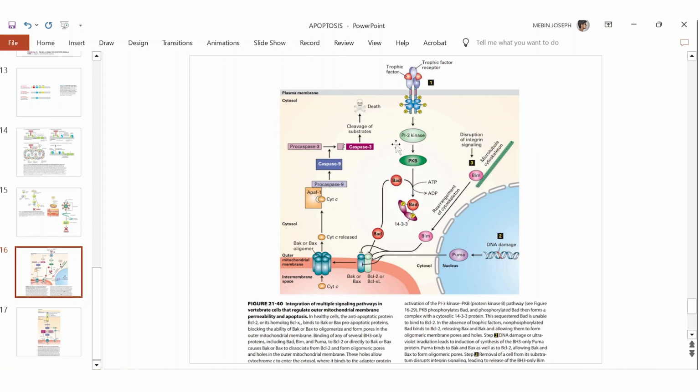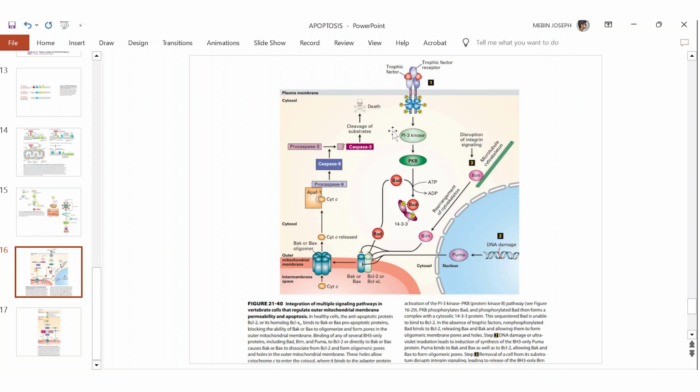Now, intrinsic pathway, I already mentioned. In this pathway, the death stimuli or apoptosis stimuli is generated within the cell. That means the death signal will be produced inside the cell only, and after that signal is initiated, the mitochondria mediated apoptosis pathway will be activated.